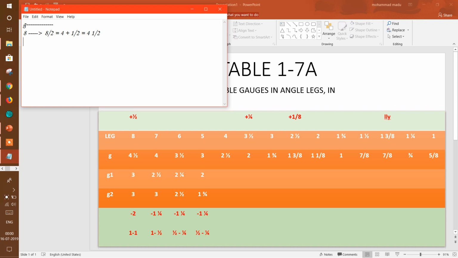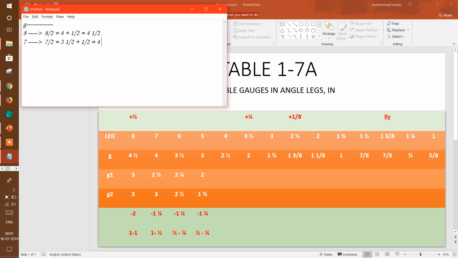Now let's go to 7. 7 by 2 is equal to 3 1/2, plus 1/2, and that gives 4. In place of 7, the G value is 4.